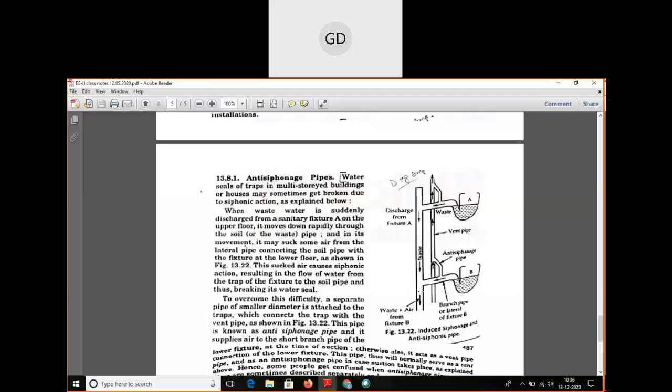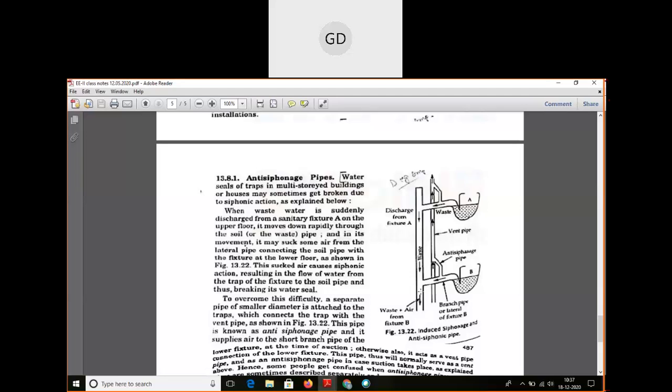To overcome this type of difficult situation, a separate pipe of smaller diameter is attached to the traps, which connects the trap with the vent pipe.